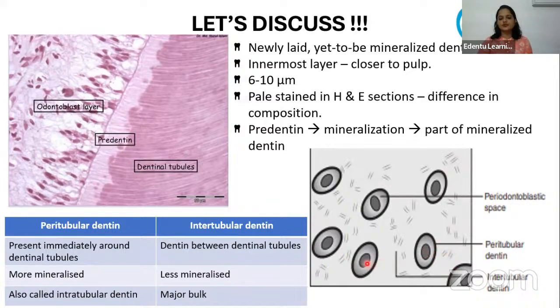This is one dentinal tubule, this is another, and the dentine present between these two is called the intertubular dentine, whereas the dentine that surrounds the dentinal tubule is the peritubular dentine. The peritubular dentine is more mineralized, whereas the intertubular dentine is less mineralized and forms the major bulk of dentine. So remember this picture to know the differences between the peritubular and the intertubular dentine.